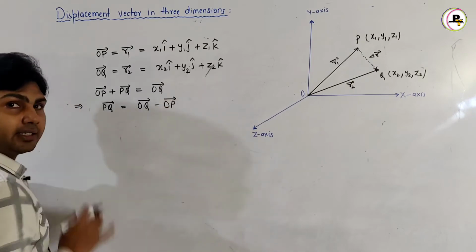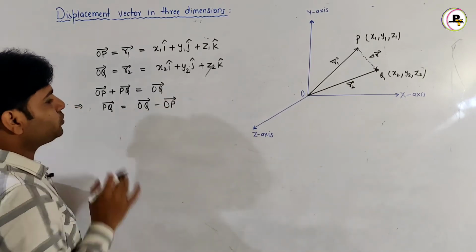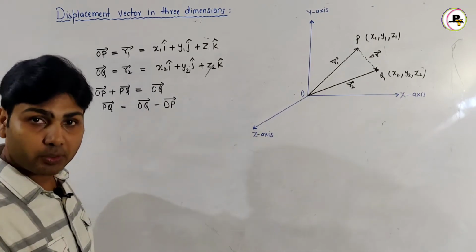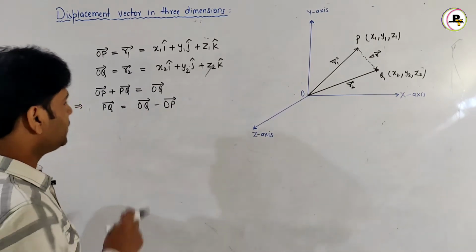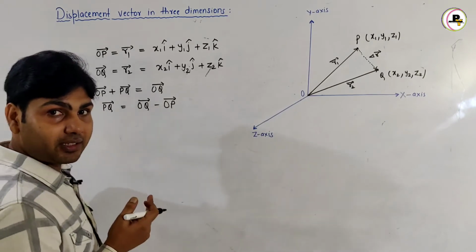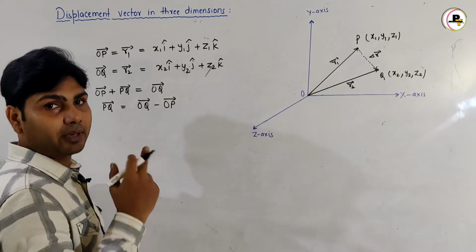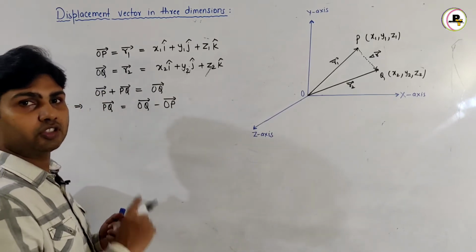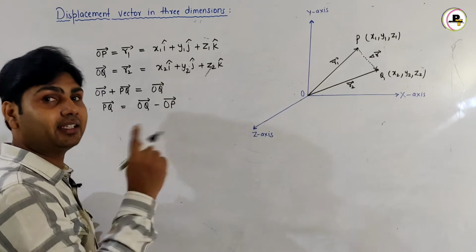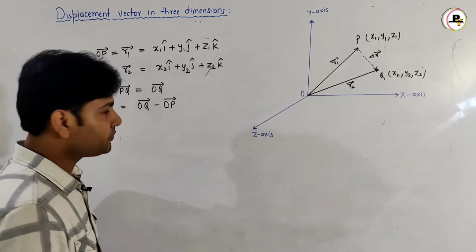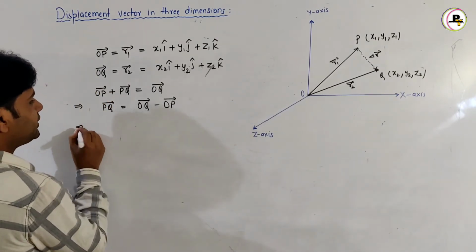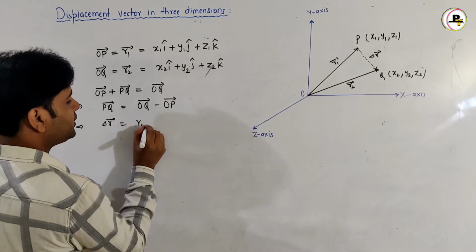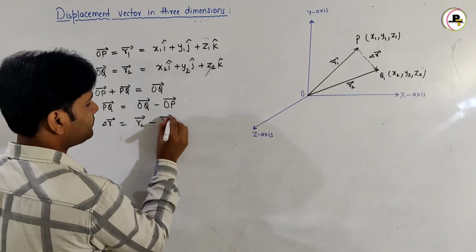That is, the displacement vector PQ equals the position vector of point Q minus the position vector of point P with respect to point O. If I need to find the QP vector, then it is equal to OP vector minus OQ vector. That is, we always write displacement vector equals position vector of the second point minus position vector of the first point. So now I can write delta r vector equals r2 vector minus r1 vector.